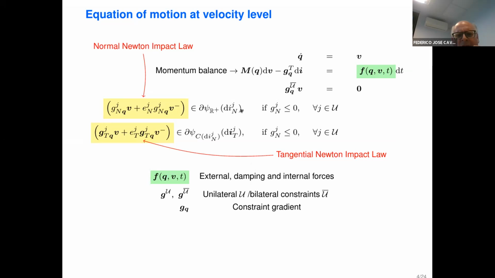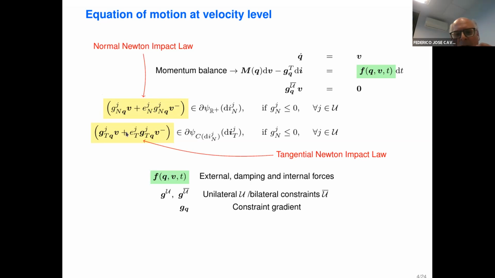We have the other equation to represent the bilateral constraints. And the third and the fourth equations represent the impact between bodies. Here we have the equation of the Newton impact law. In this equation, we have a phenomenological coefficient, En, which is the restitution coefficient in the normal direction.